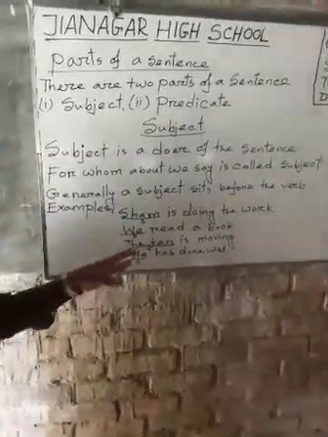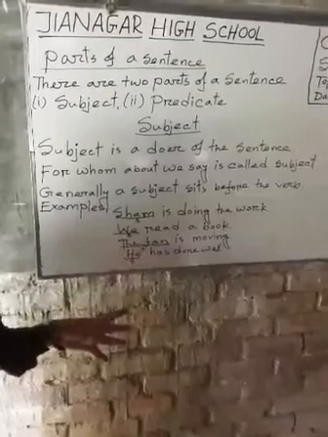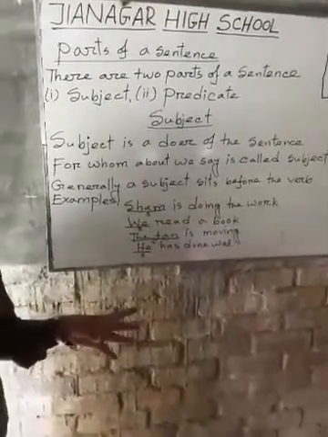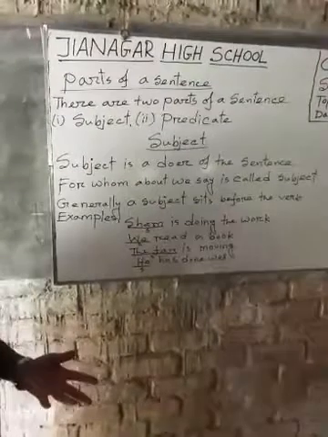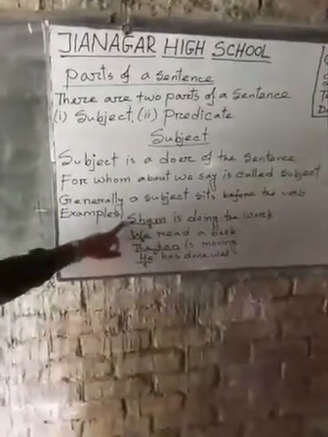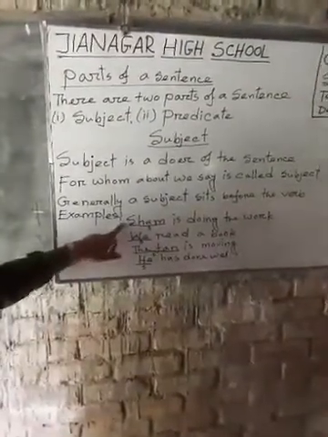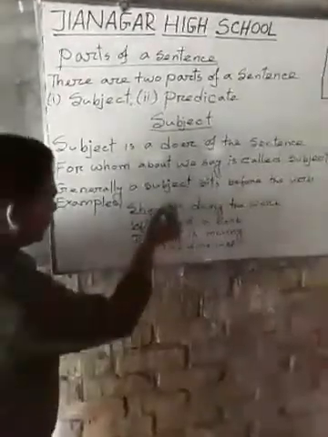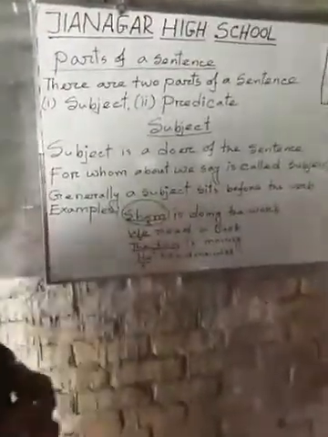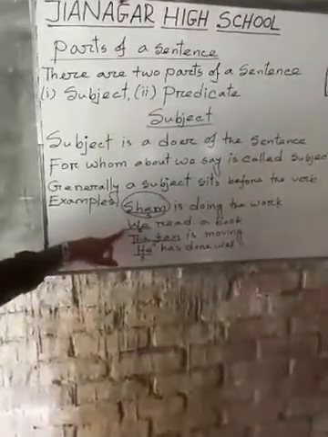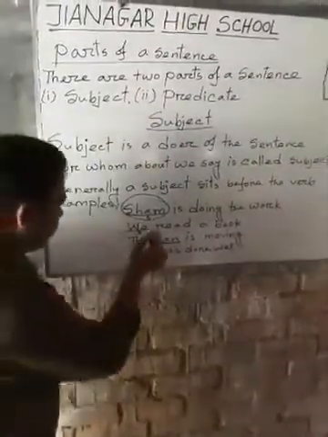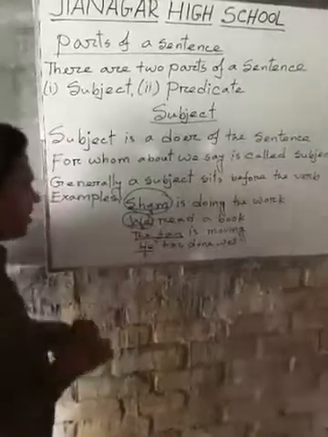If we ask verb by who, the answer will be subject. Who is doing the work? Sam is doing the work. So Sam here is subject. Who read a book? Answer will be what? We. We read the book. So we is the subject.